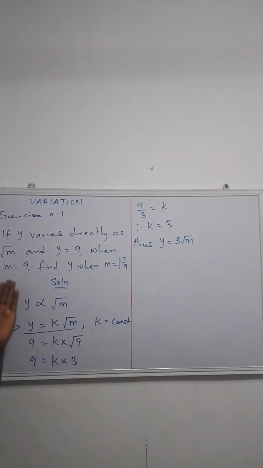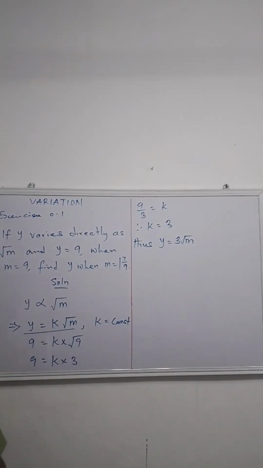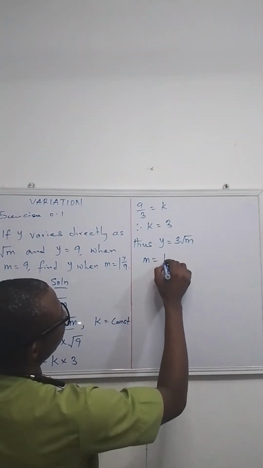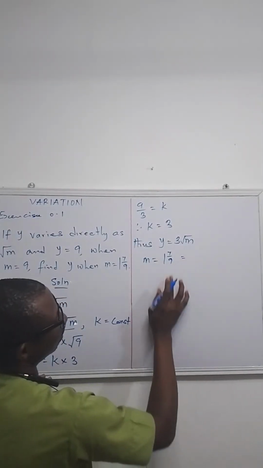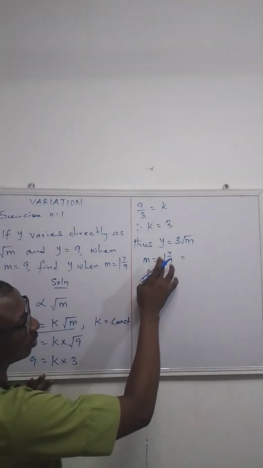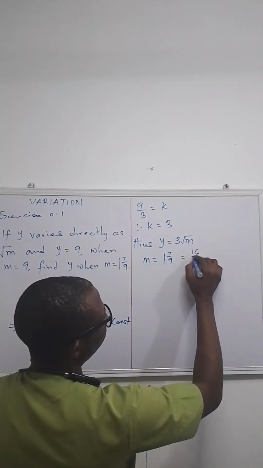So we can go ahead now and find y when m is 1 7/9. We are given m is 1 7/9, and let's convert this to an improper fraction. So 9 times 1 plus 7 gives you 16/9.